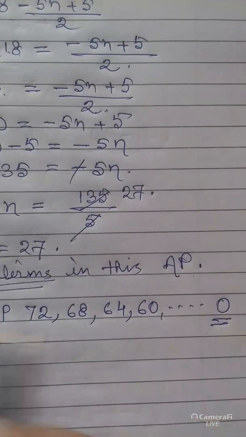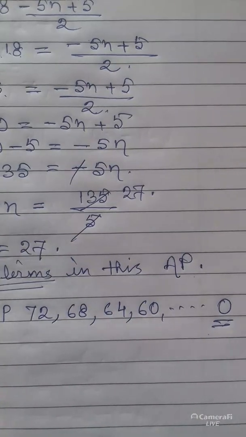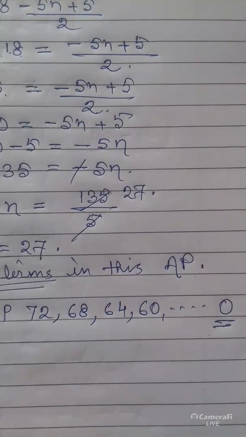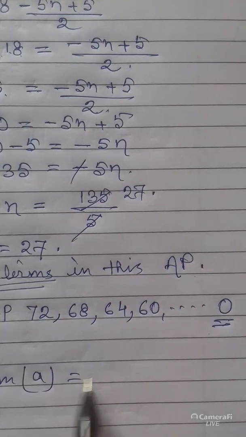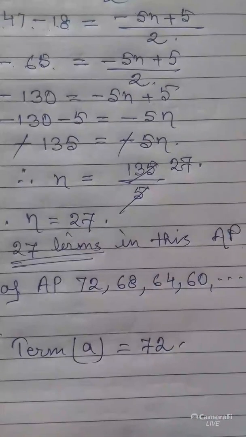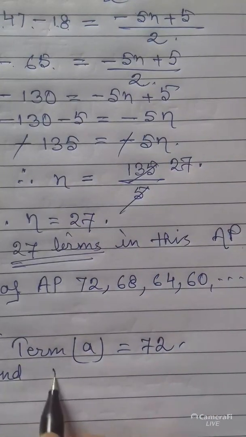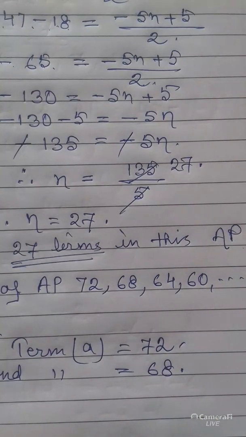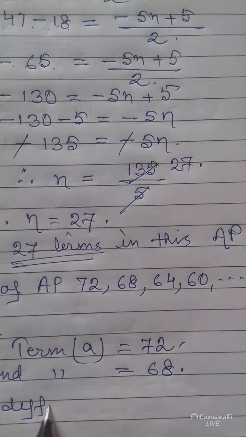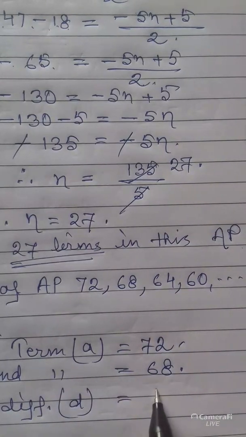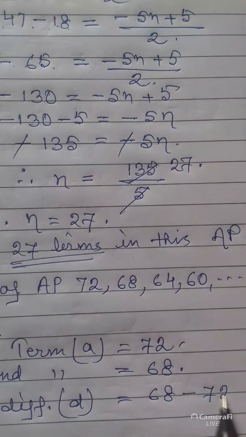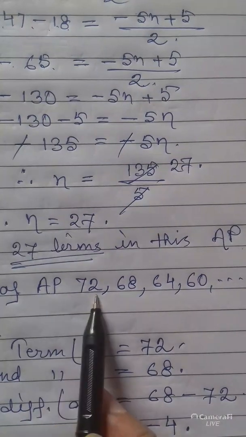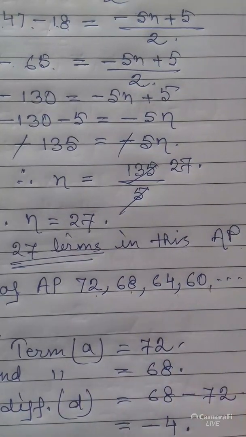In this AP we have first term A equal to 72, second term equal to 68. Therefore common difference D equal to 68 minus 72, so minus 4.